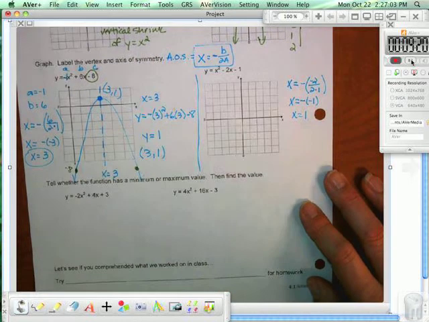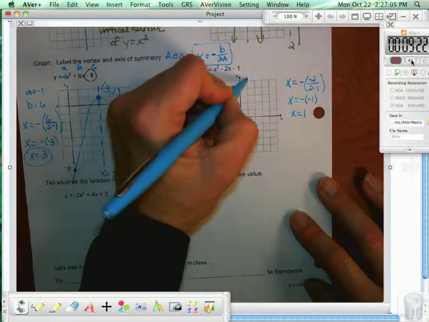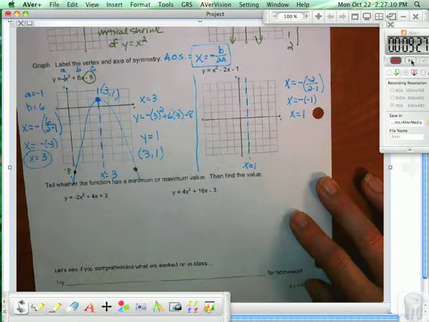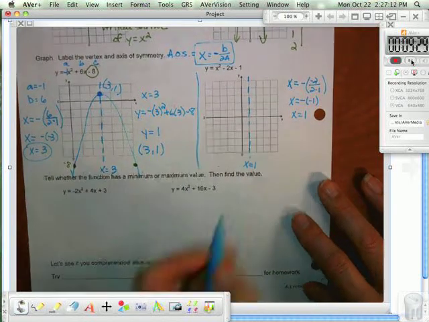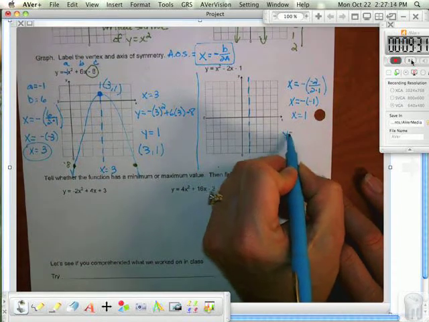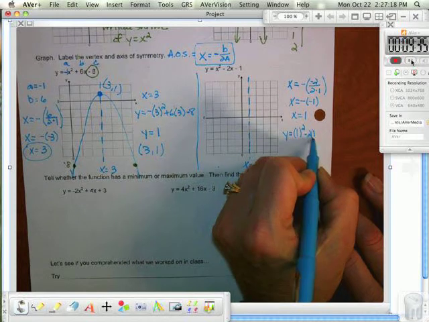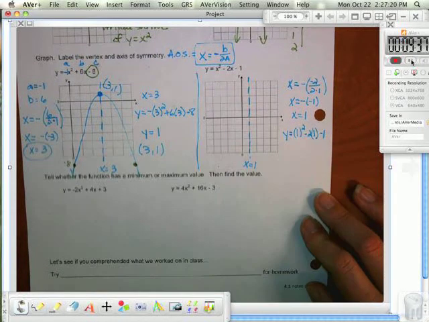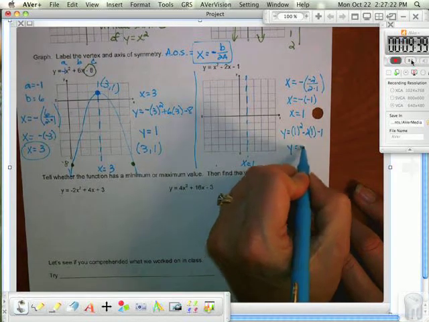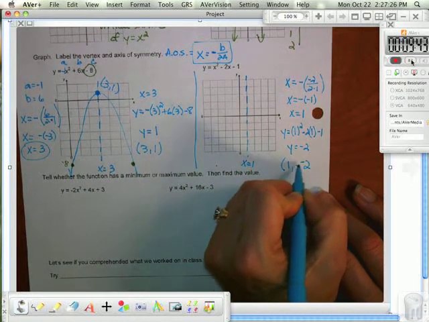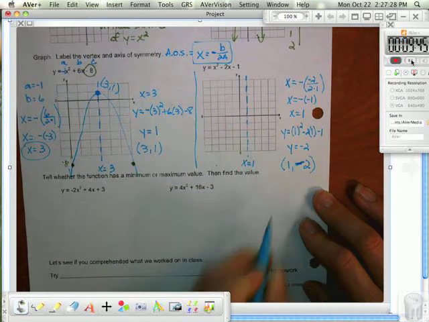So draw the axis of symmetry. That's the axis of symmetry. Plug 1 into the equation, and you get y equals negative 2. So your vertex is 1, negative 2.